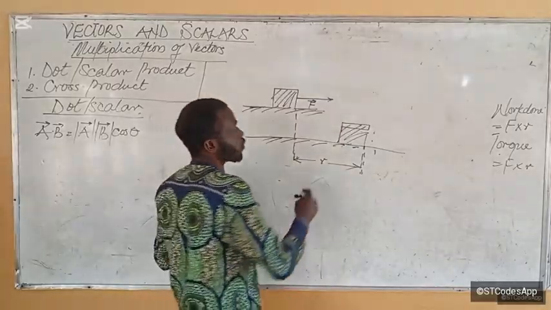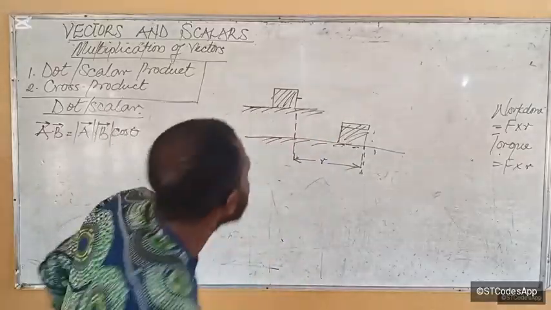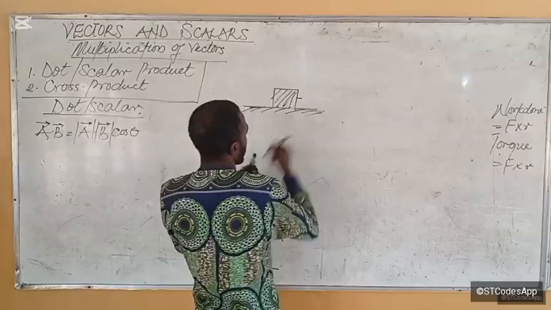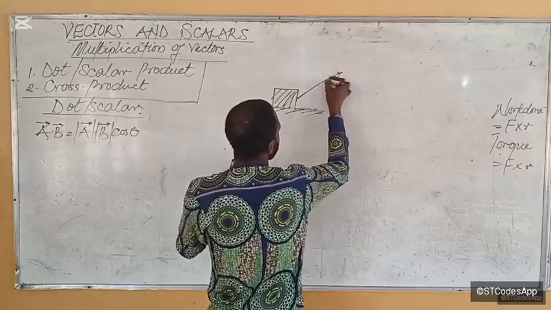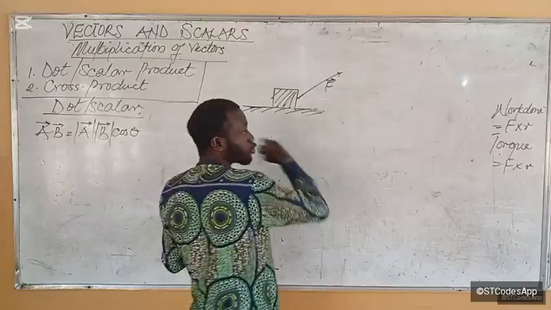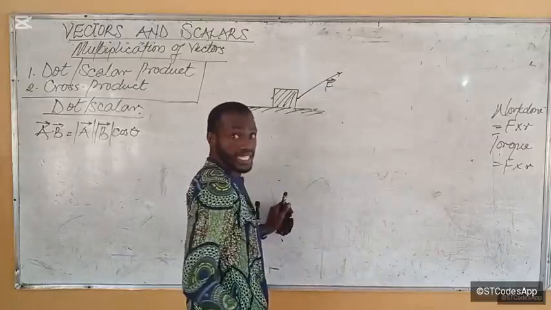What if this force were not acting in this direction? What if I give you a second scenario where the force is now pulling in this direction, and it produces motion still in this direction?